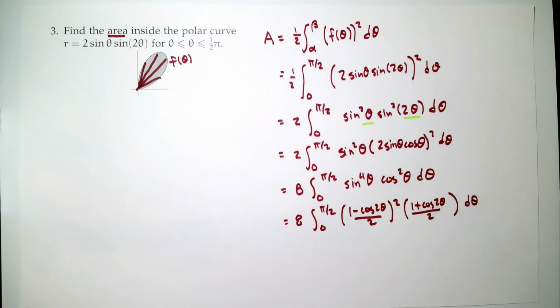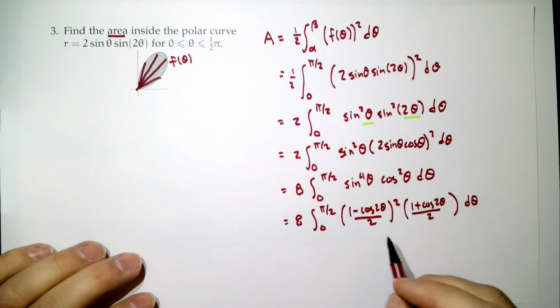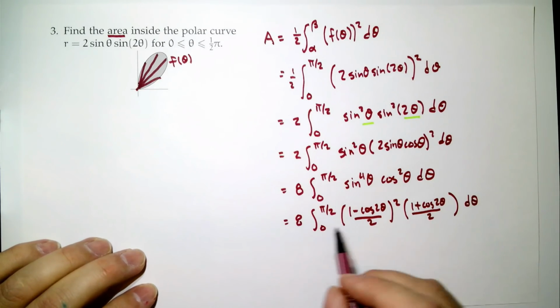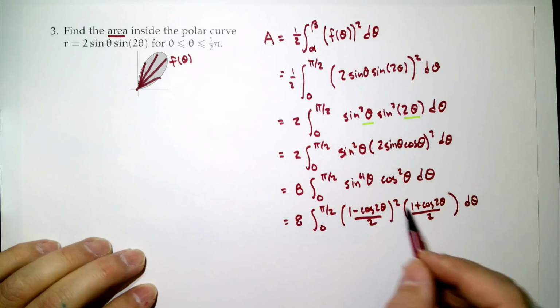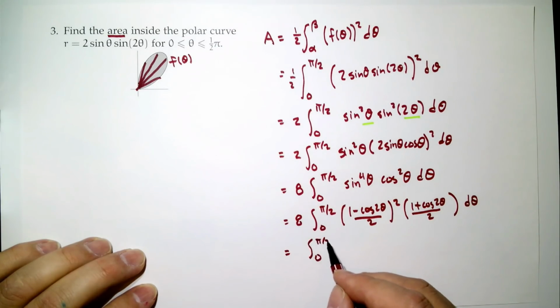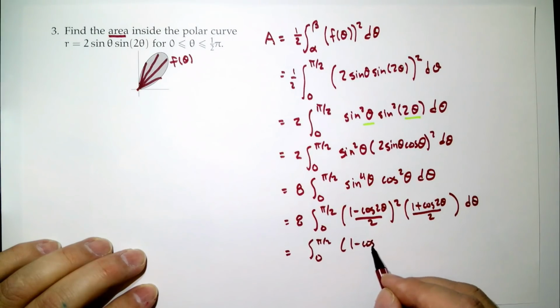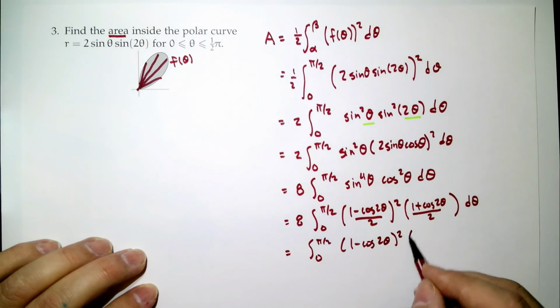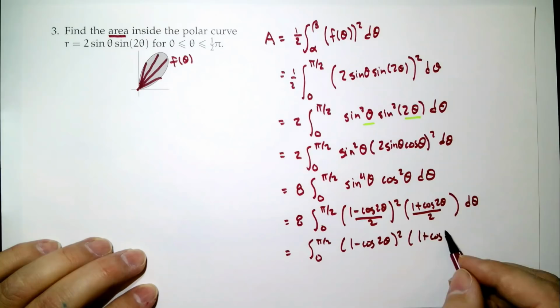Well, whatever. We all get there in the end. Okay. What happens next? Well, we work. If you look at how many 2's you have, you actually have enough 2's, because you have 2 squared and 8. So we're to the point where we have 0 to pi halves of 1 minus cosine 2 theta squared, 1 plus cosine 2 theta.